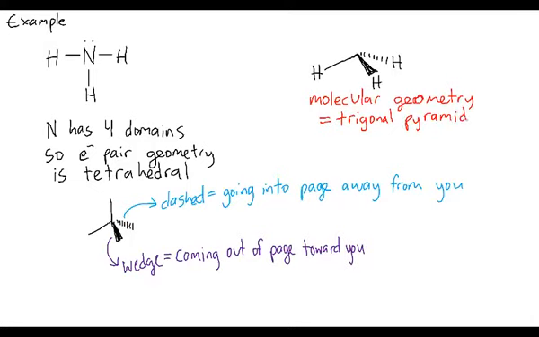Or if you didn't want to say trigonal because it just sounds weird, you could say triangular pyramid. Or you could just say tripod. So that's the distinction between electron pair geometry and molecular geometry.